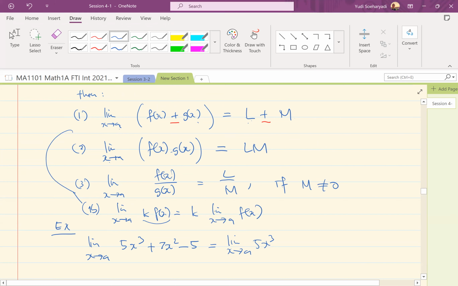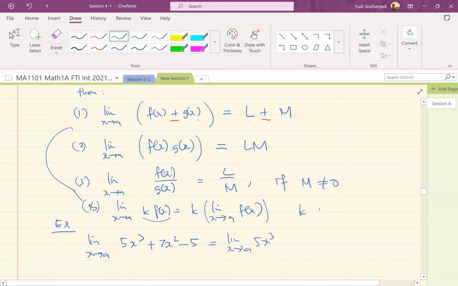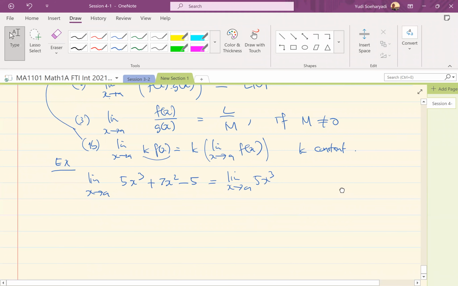It's all the same, k constant. So with these properties, we can say that, well, take the 5 out and you find this limit. Take 7 out.